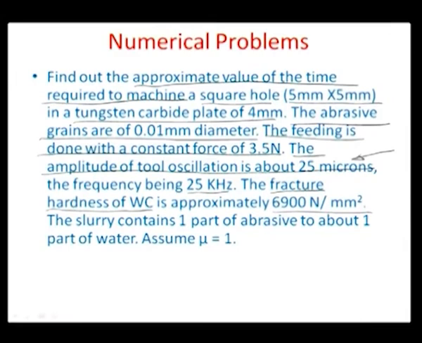The slurry contains one part abrasive and one part water, meaning that half the volume of the slurry is abrasive particles. And we assume that the coefficient in the Shaw equation is equal to 1, meaning that the diameter of the projection is equal to the square of the average projected diameter of the grain.